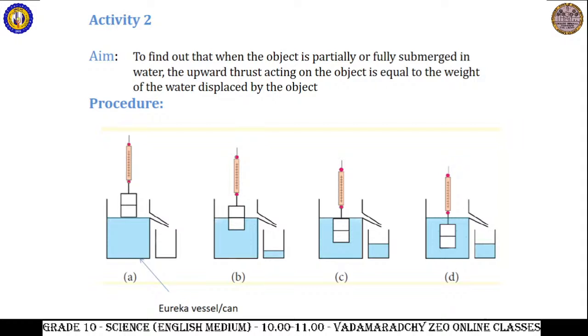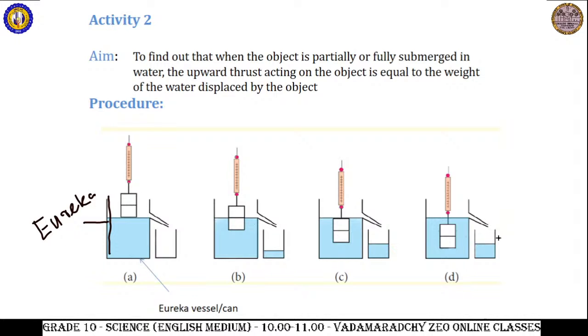For this activity, first we have to take the Eureka vessel, also called Eureka tank. This is the Newton balance, and we have to take a metal cube as well as this beaker.